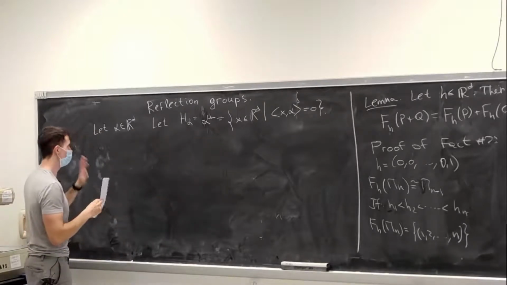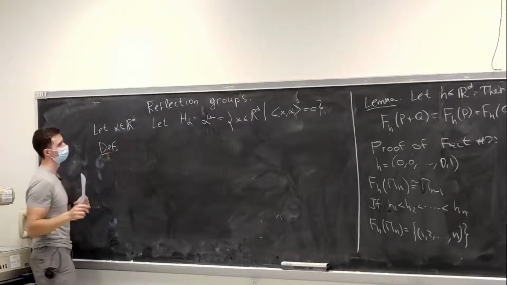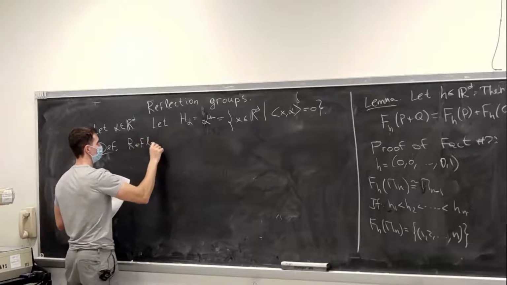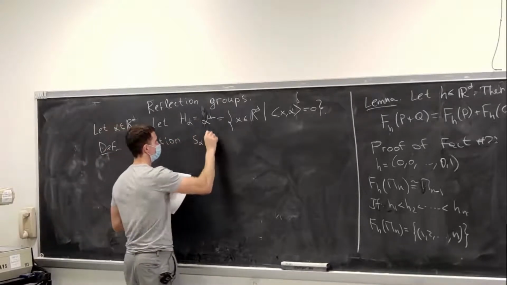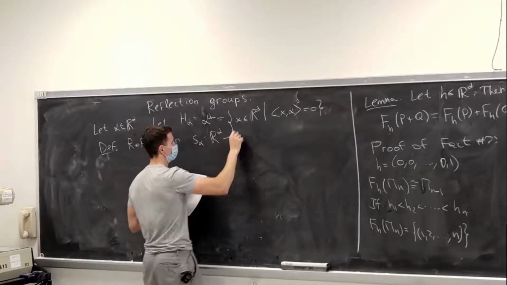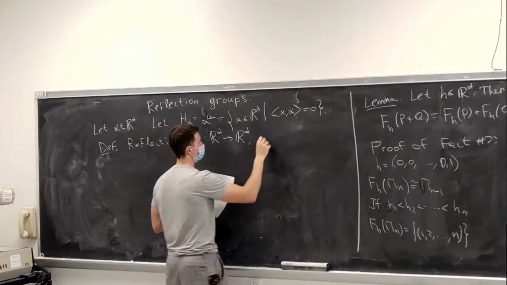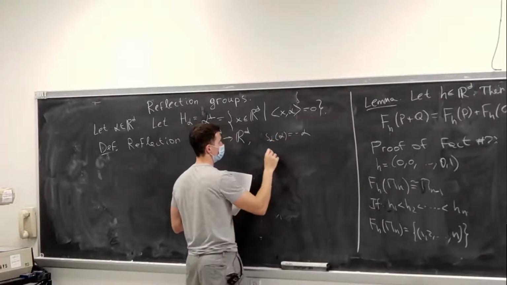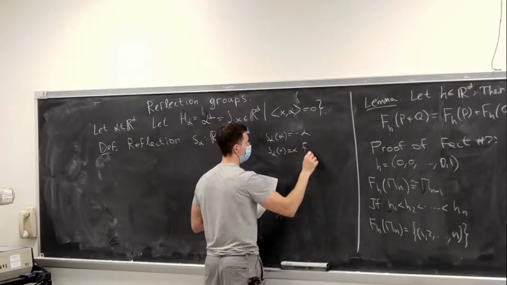But for now, let me introduce the notion of a reflection. A reflection S_alpha is a linear map from R^d to itself which sends alpha to negative alpha and then preserves the hyperplane.